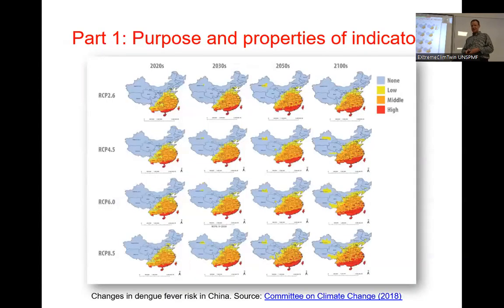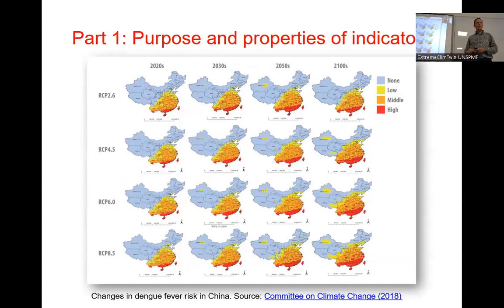Right then, so let's begin with this map, which is an example of emergent climate risks. In this case, we're looking at the spatial pattern of dengue fever, a mosquito-borne disease, and how it spreads in space and time across China.